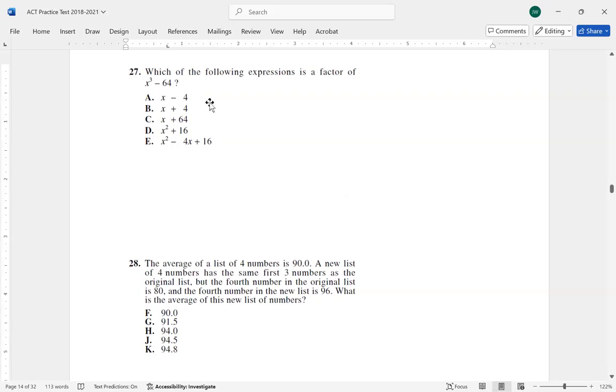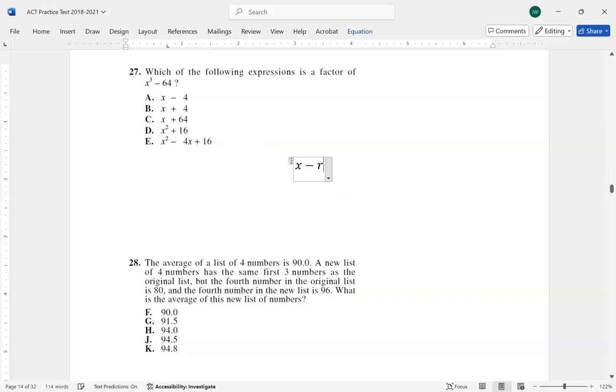You can do that a little bit shorter by doing synthetic division for parts A, B, and C and seeing if we get a remainder. But there's also another way to do this for parts A, B, and C.